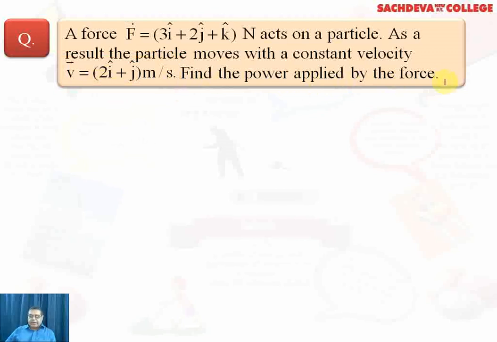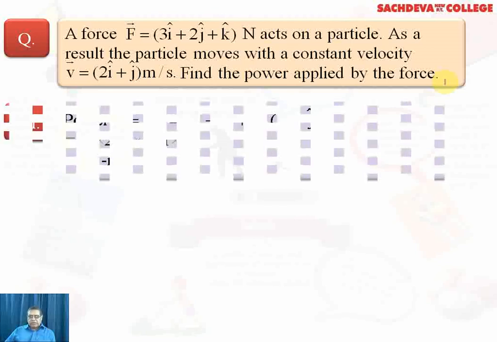As I have explained earlier, the dot product of force and velocity is power. So power will be the product of force and velocity. Force is constant and velocity is constant.